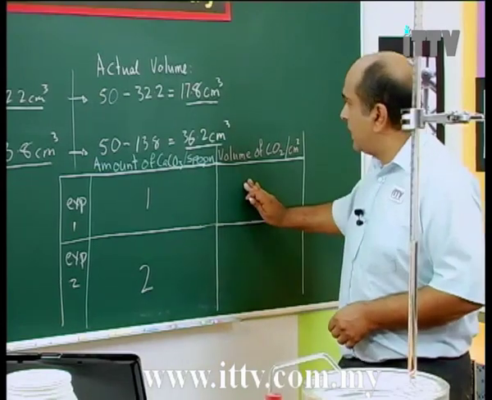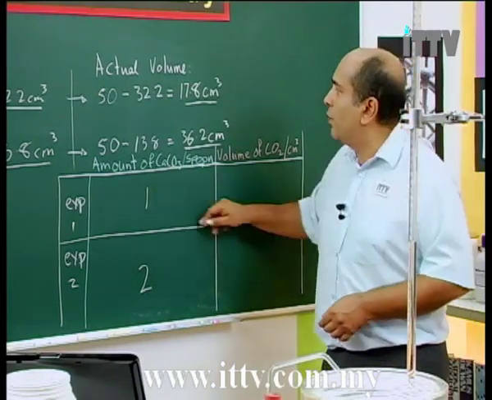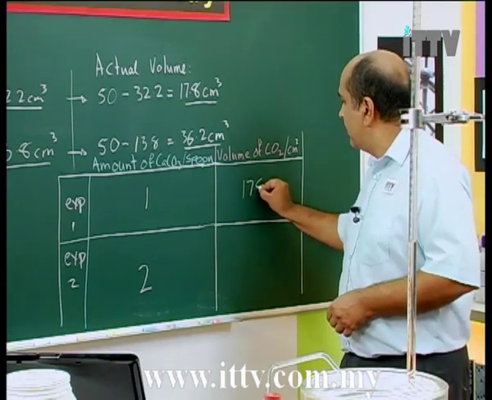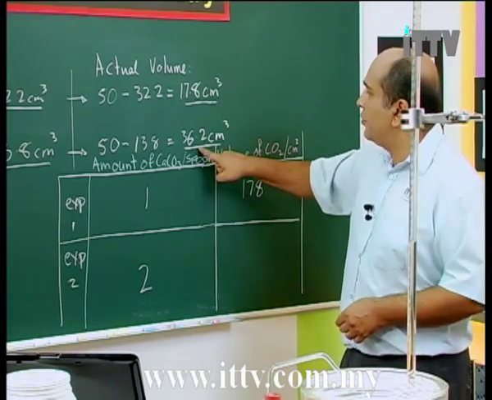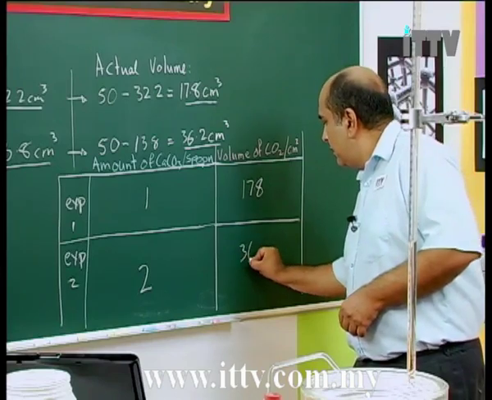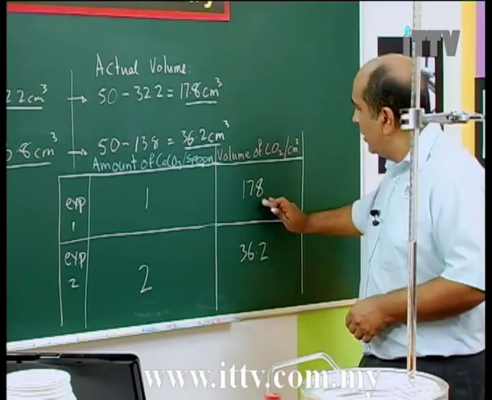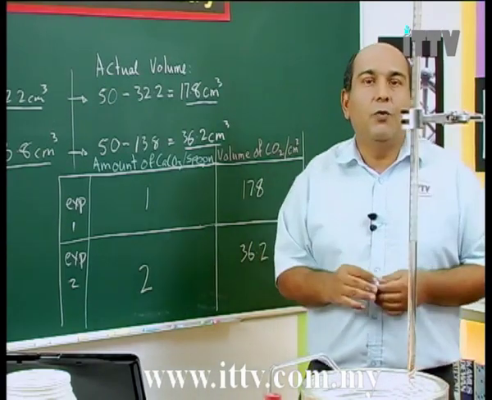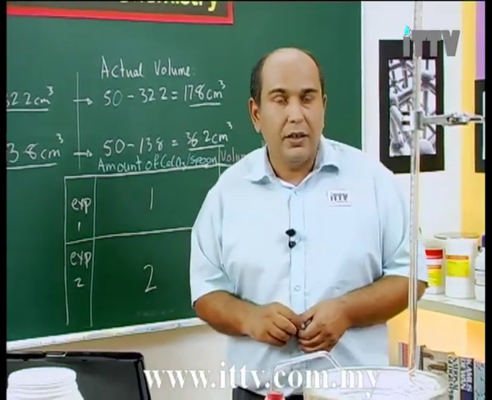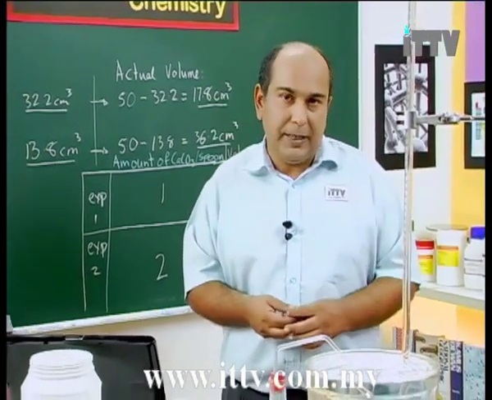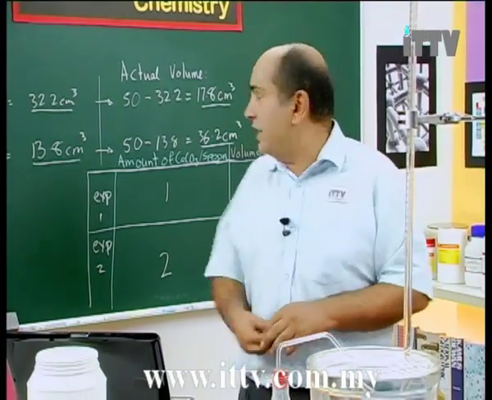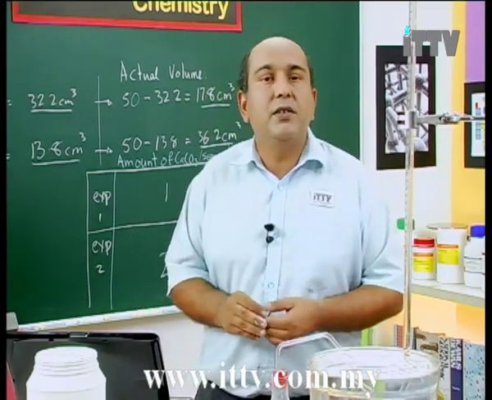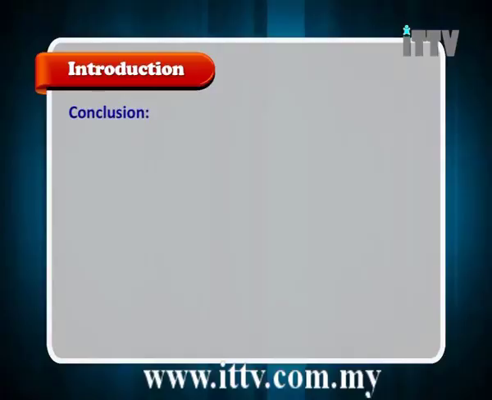The volume of gas that we collected in experiment 1 was 17.8, and in experiment 2, 36.2, which is roughly almost exactly double what we got in the first experiment, which is what we expected to see. 1 spoonful gave us 17.8, 2 spoonfuls gave us almost double the value.